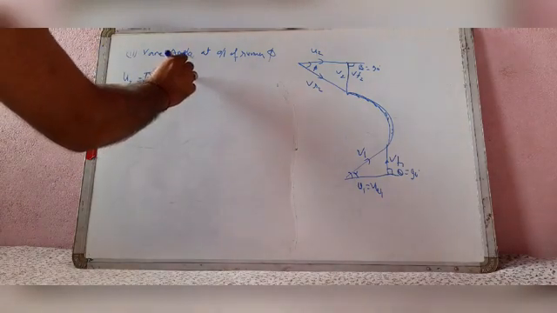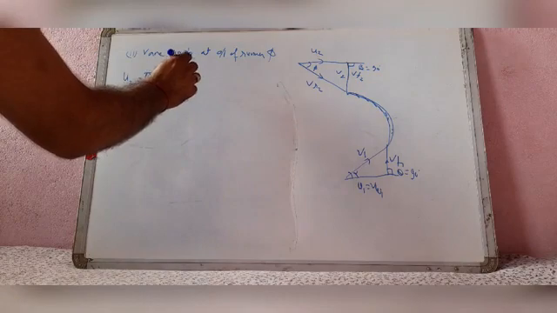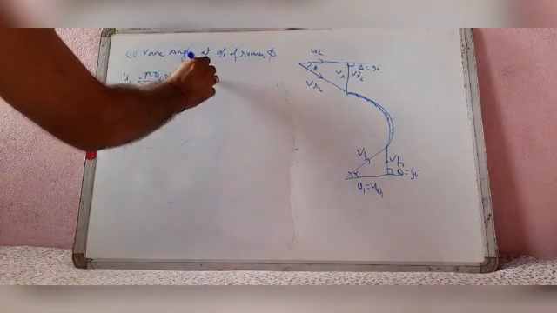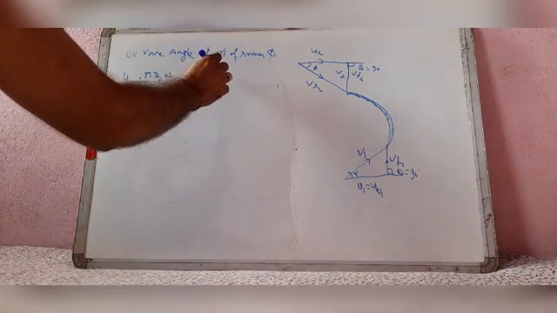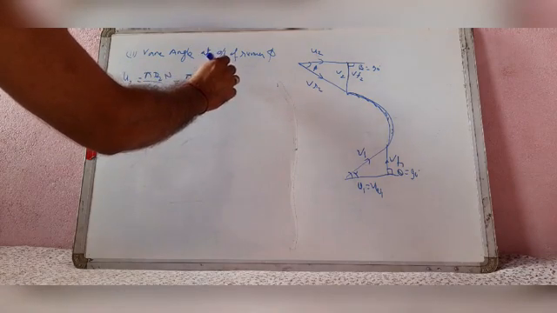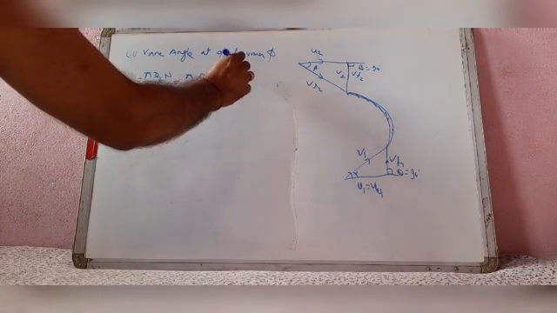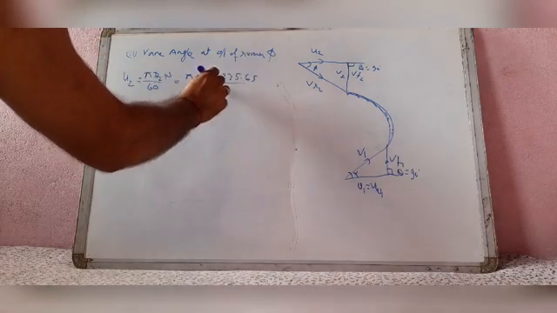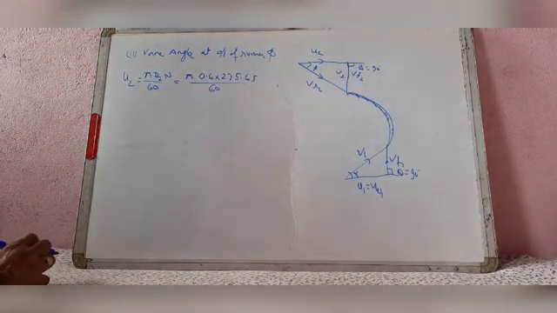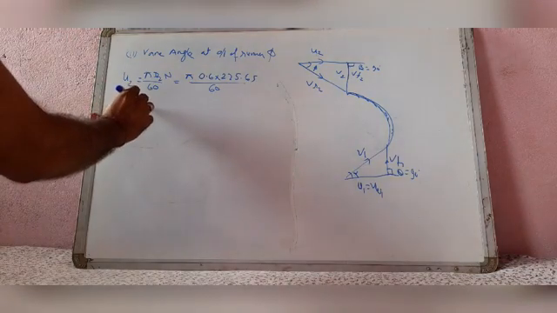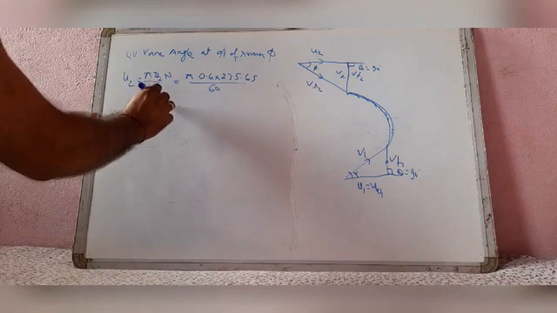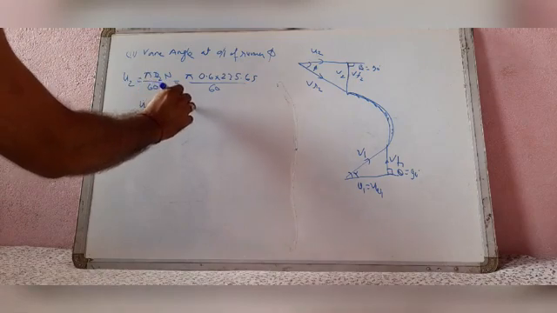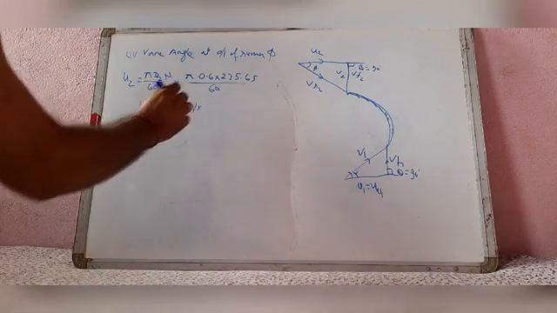Putting the values here, pi into D2 is 0.6 and we have calculated just now 225.65 by 60. So this value of U2 is 7.09 meter per second.